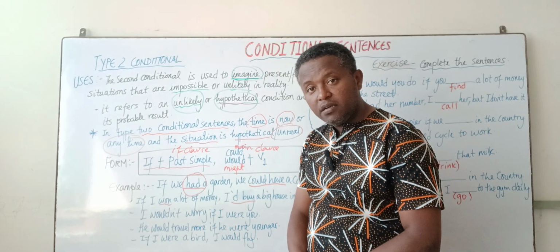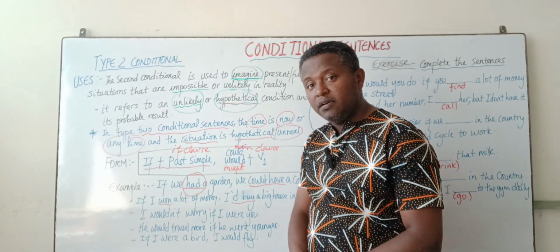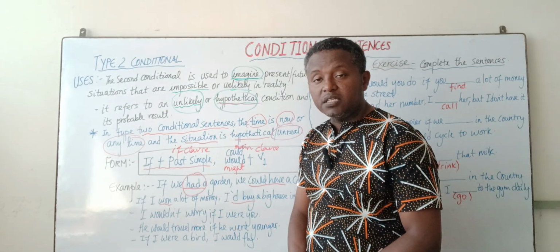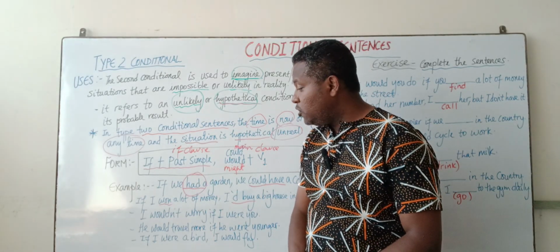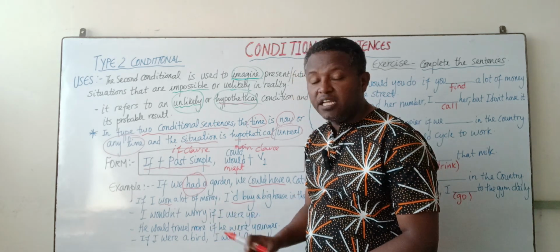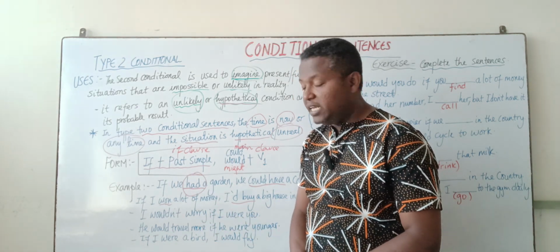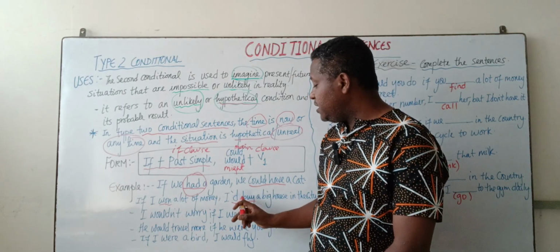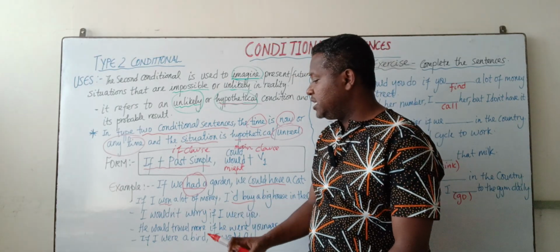Why? You said no. Why? Because this person does not have any money, or he doesn't win any lottery, or he doesn't win any money. So if I won a lot of money, I would buy a big house in a city.